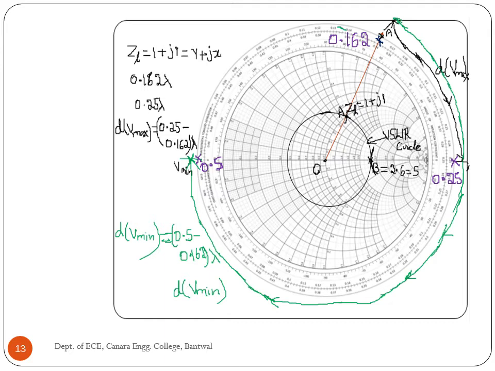Therefore, distance between load end to Vmax position is 0.25 minus 0.162 lambda.